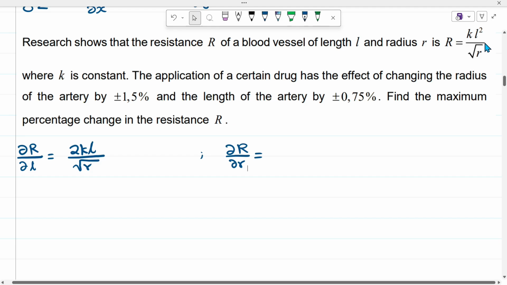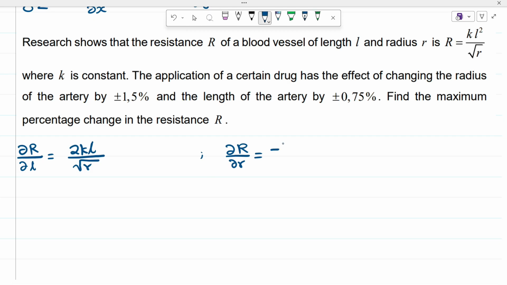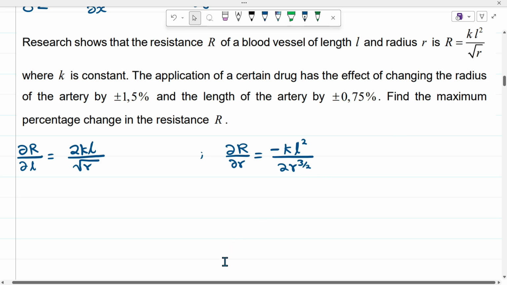Then you differentiate from there, and you will get negative KL squared divided by 2r to the power of 3/2.